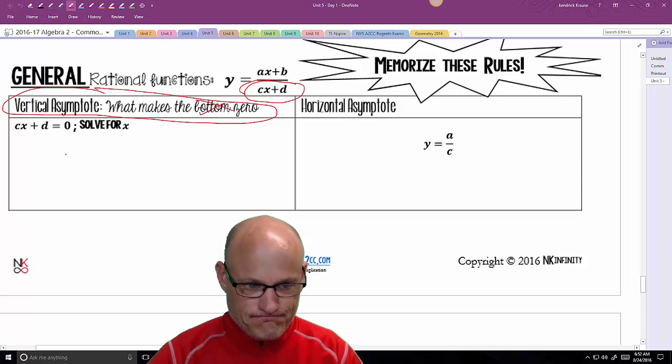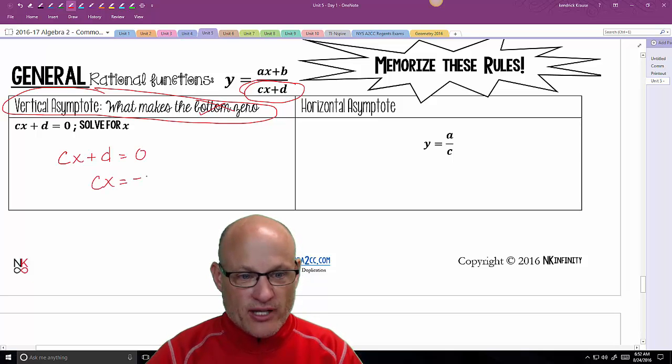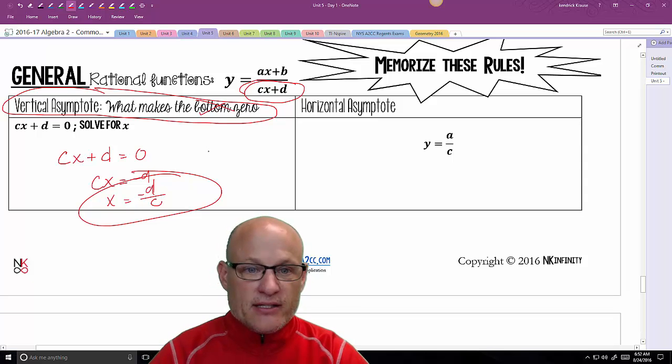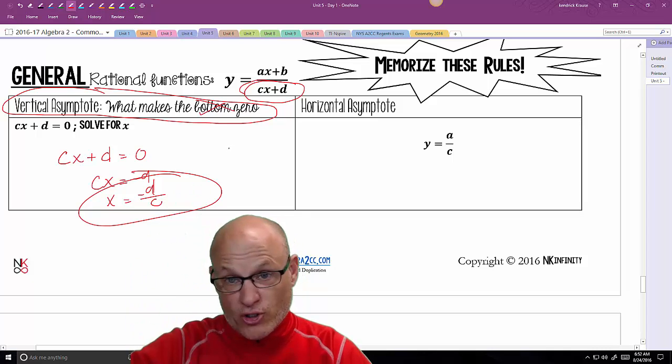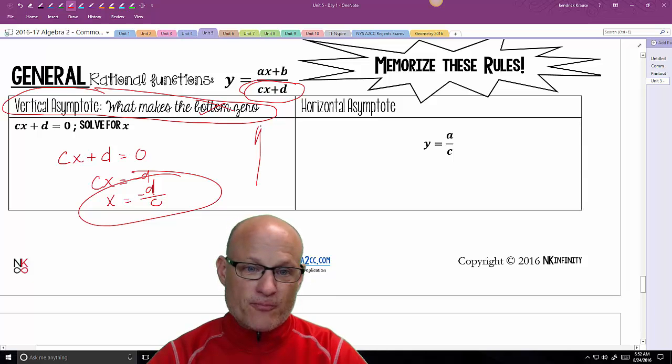So in this case, if I solve for x, I would get cx equals negative d, or x is equal to negative d over c. And that would give me what makes the denominator equal 0, my vertical asymptote, my up and down asymptote.